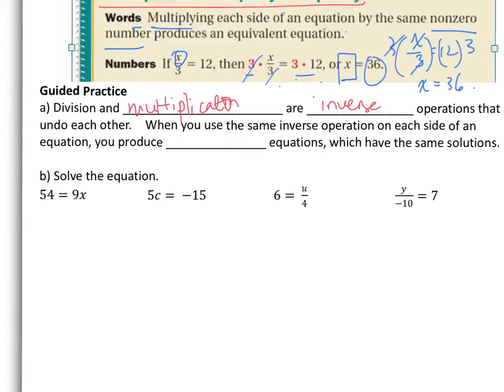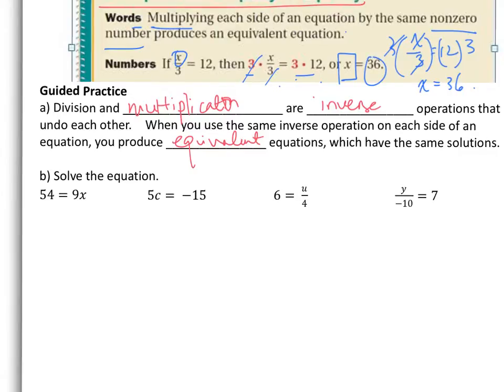When you use the same inverse operation on each side of an equation, you produce equivalent equations which have the same solutions. Therefore, in part B, you can solve these equations by applying the two properties above.